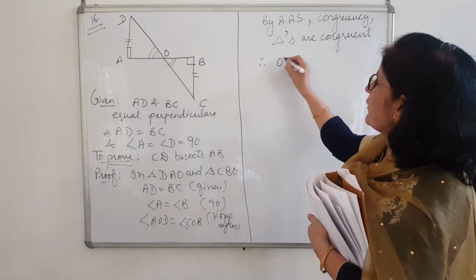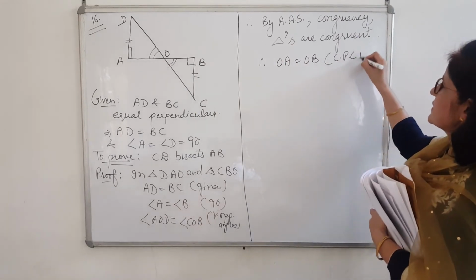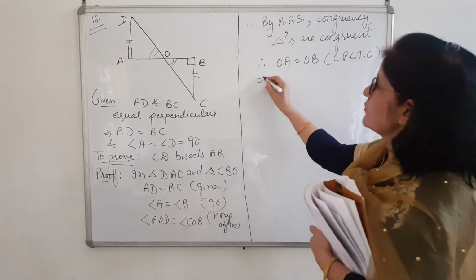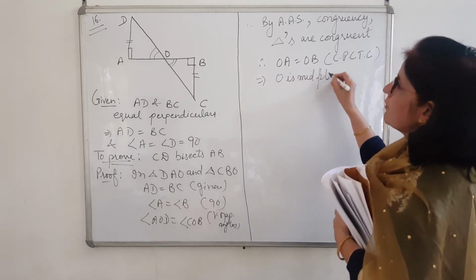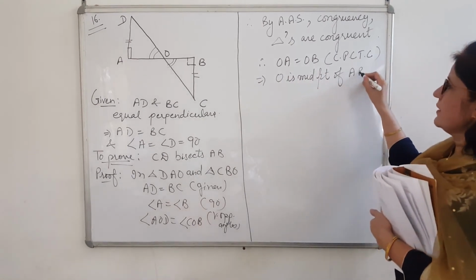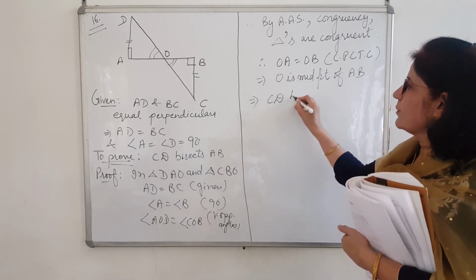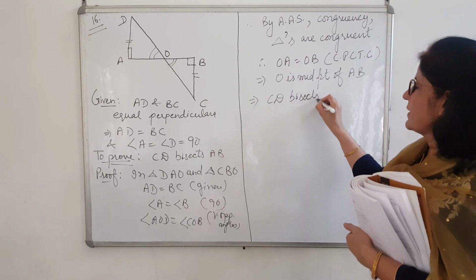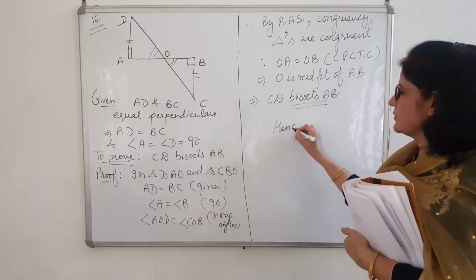Therefore, OA equals OB by CPCTC. That means O is the midpoint of AB. That means CD bisects AB. Hence proved.